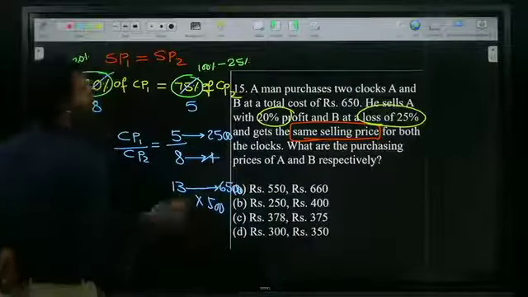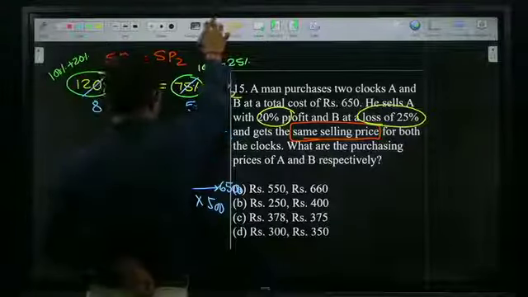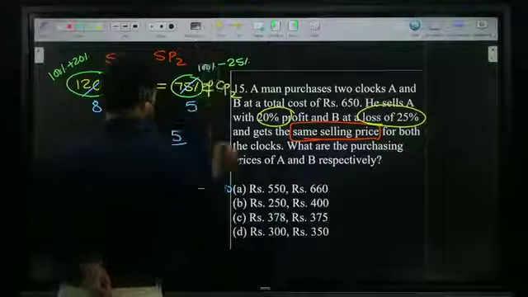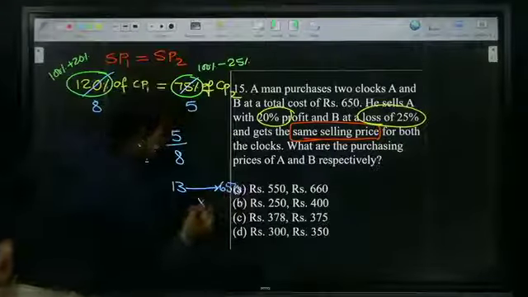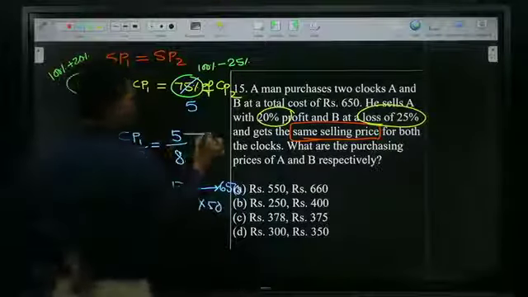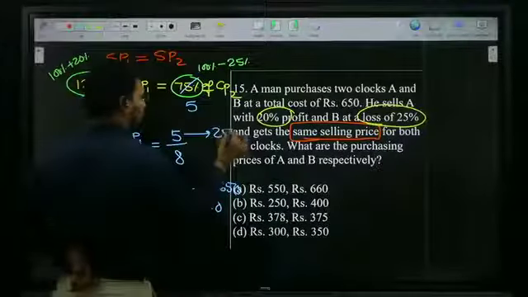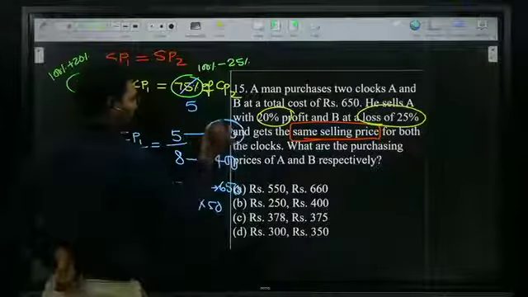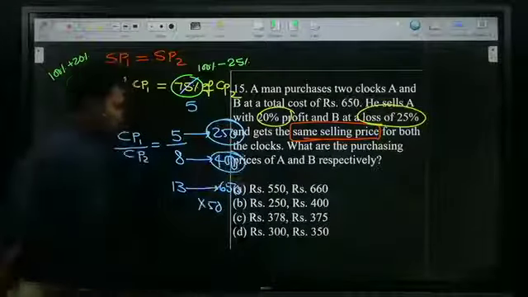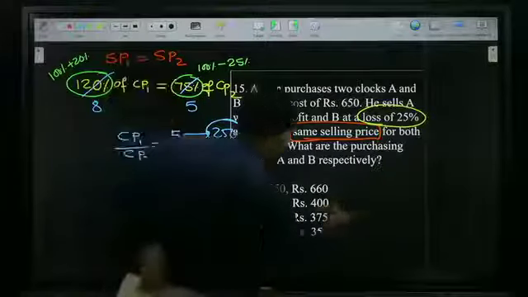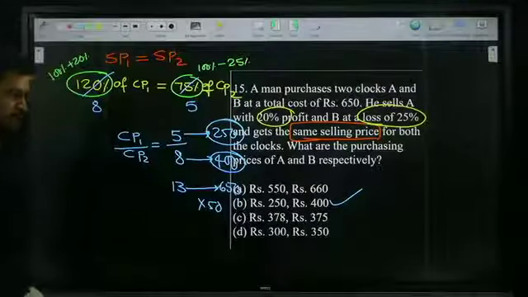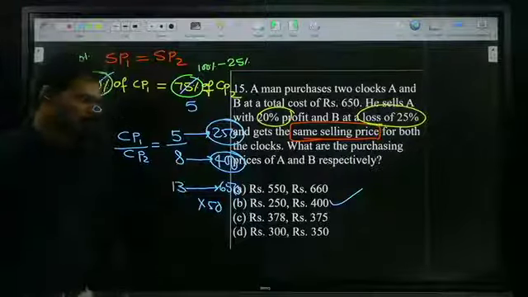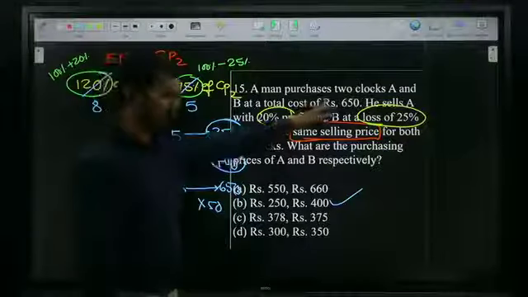Sorry, 650 only, not 6500. So 5 times 50 is 250, and 8 times 50 is 400. Therefore your answer is 250 comma 400. Which option is there? Option B is the right answer. All of you okay? That is 650 only. No problem.